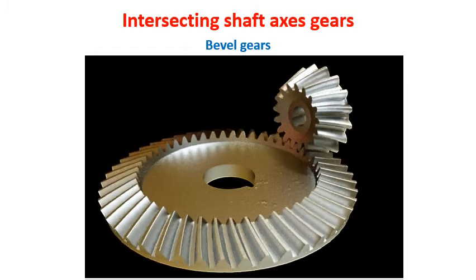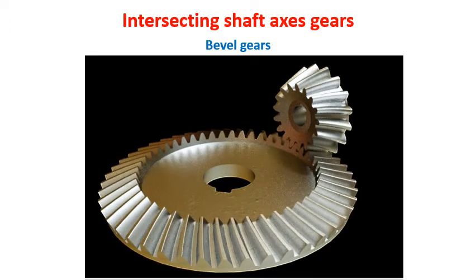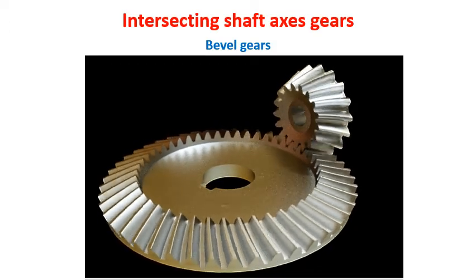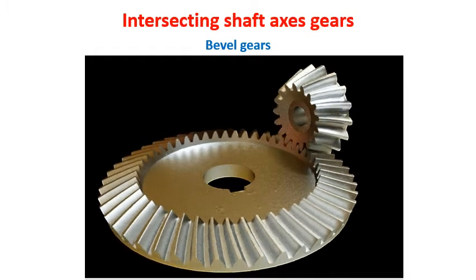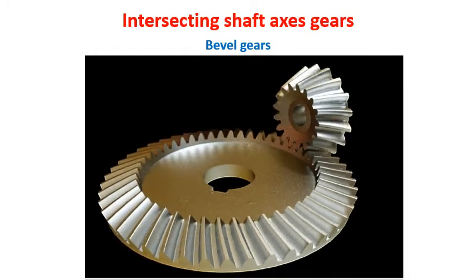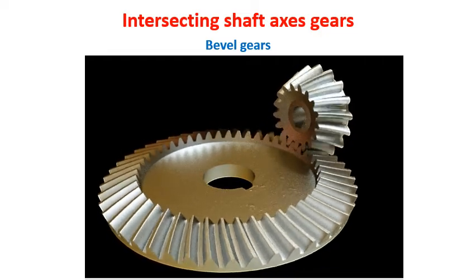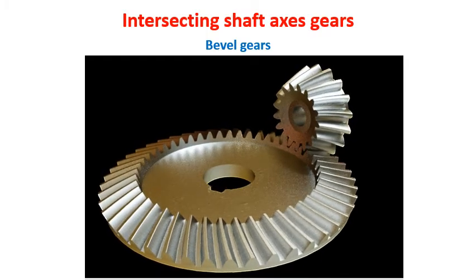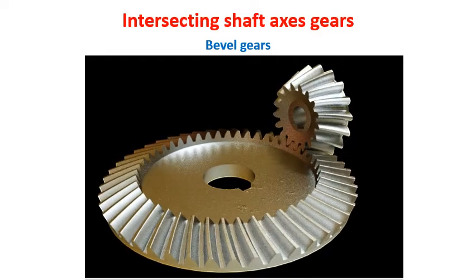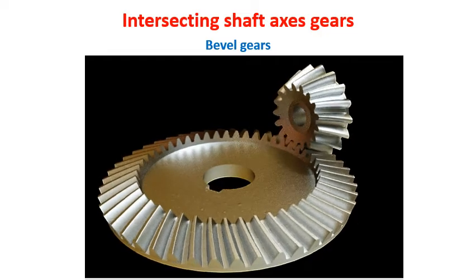The teeth of a bevel gear are cut so that they radiate from the apex of the cone and lie on the conical surface. Generally, these bevel gears are used when two shafts are at right angles to each other, but they can be used for any desired shaft angle. These bevel gears are available with straight, helical, or different types of teeth.